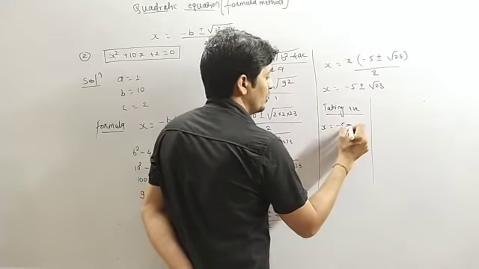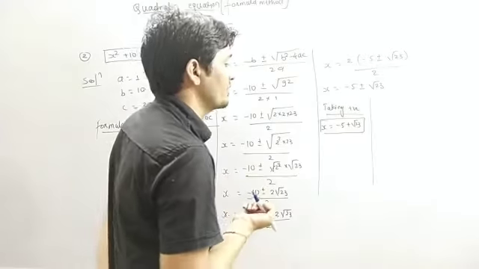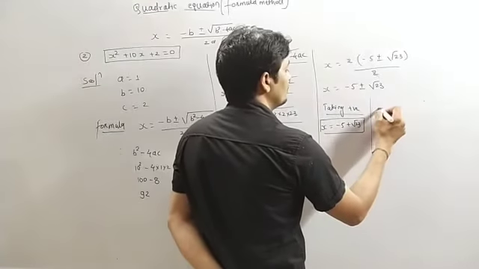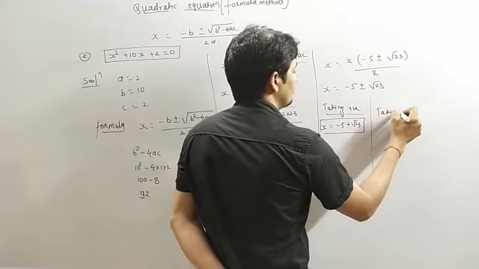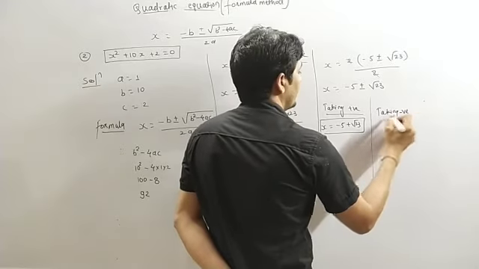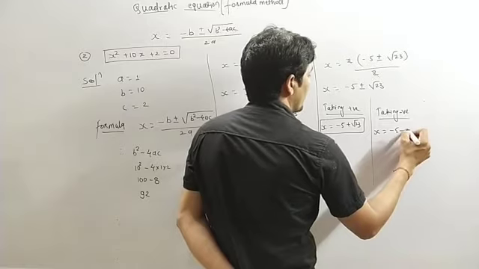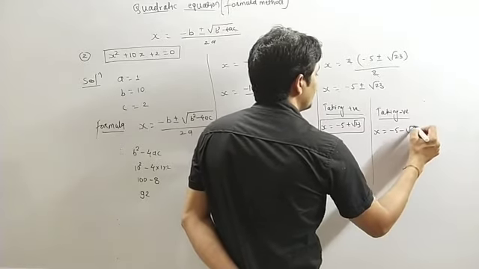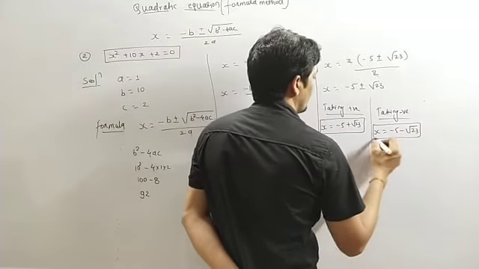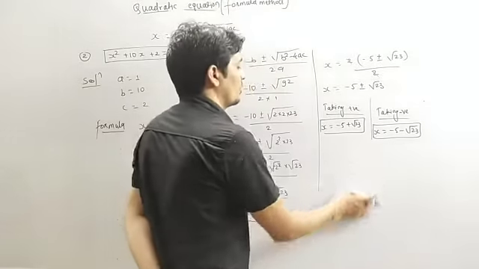So this is our first root of the quadratic equation. Then taking negative sign, x equals to -5 minus √23. Okay, this is our second root of the quadratic equation.